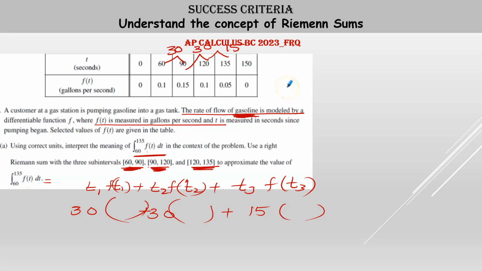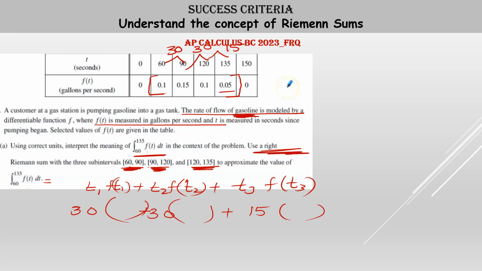From 60 till 90, what will you get? So which Riemann sum? You are using from here till here, right? And you have to approximate the right Riemann sum.